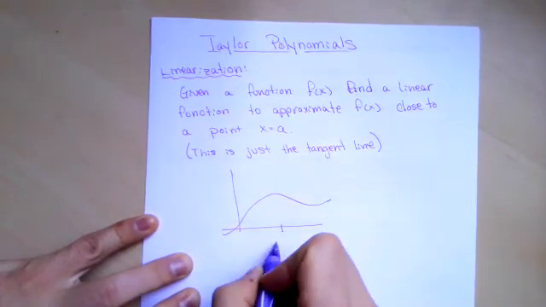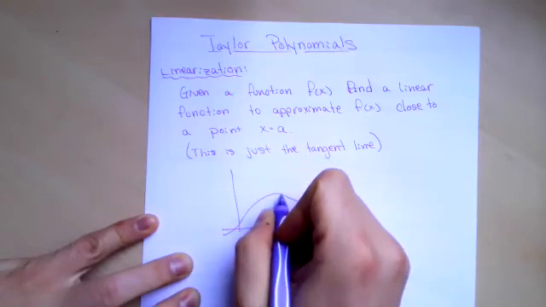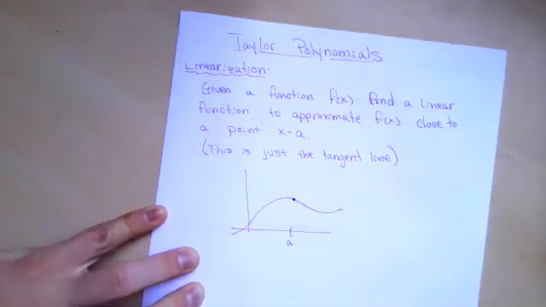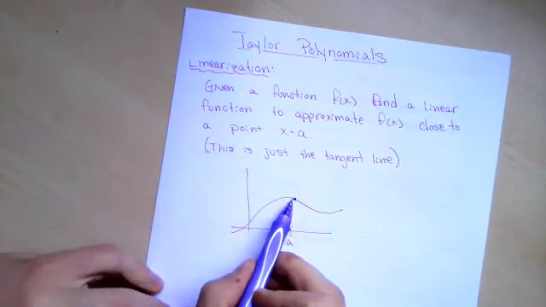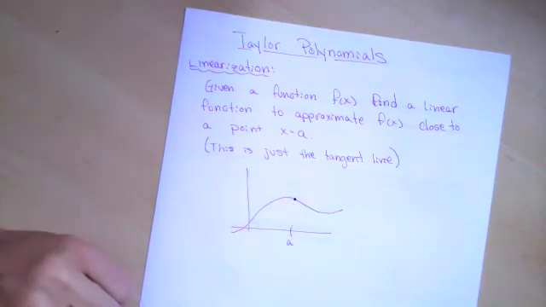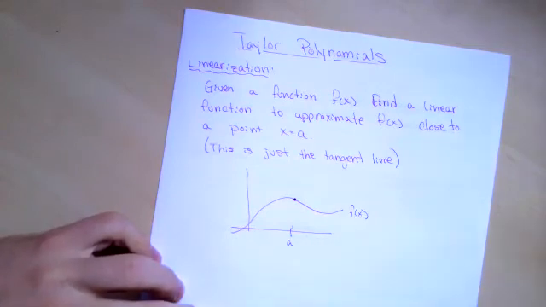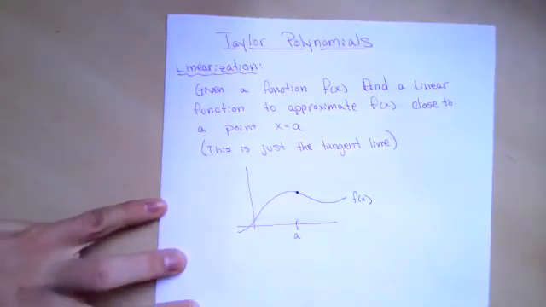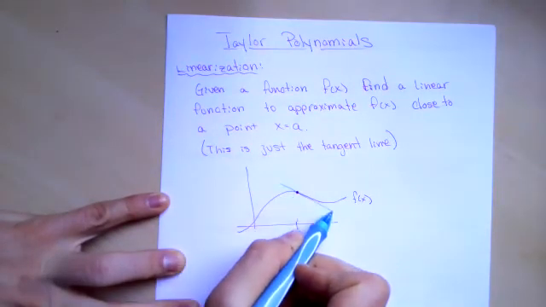We have some special point, x equals a. And close to this point, I want to find the closest linear function that will model this function at that point. So let's call this function f of x. And essentially all we're doing is we found that it is just the tangent line.